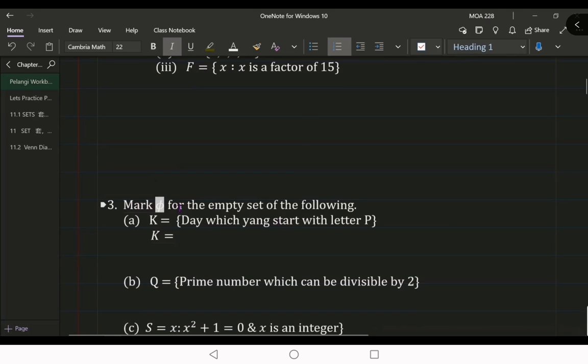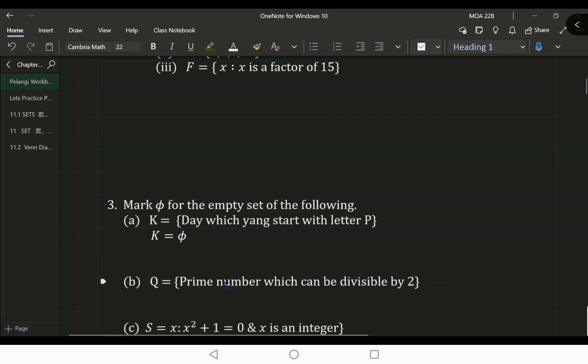Okay, so nothing. There is none of the elements inside the set K. They start with the P. There is no Monday, Tuesday, Wednesday, and so on. None of them start with the letter P.